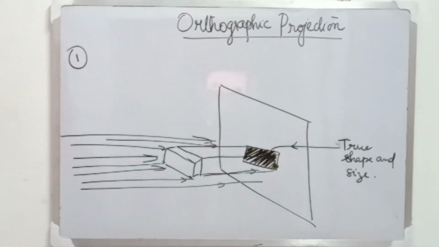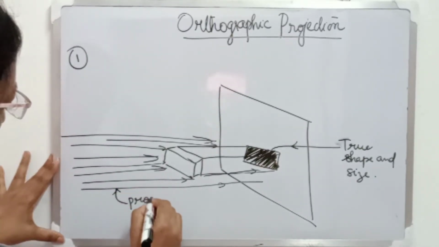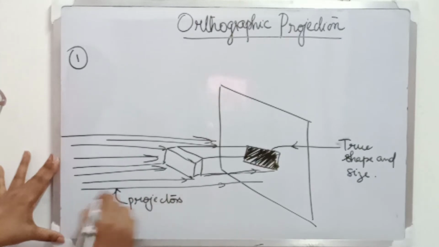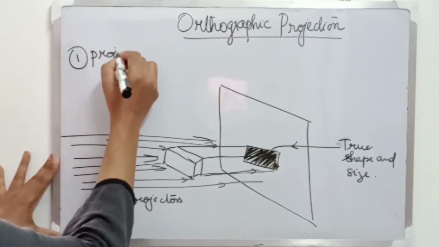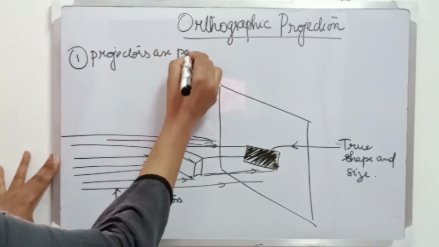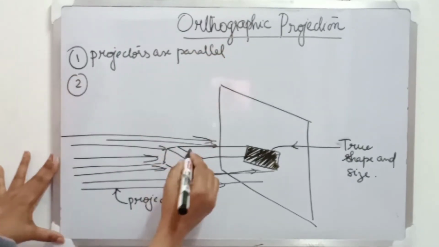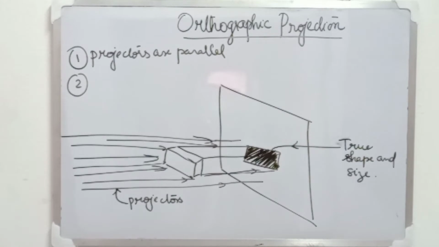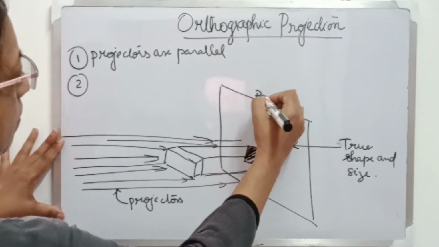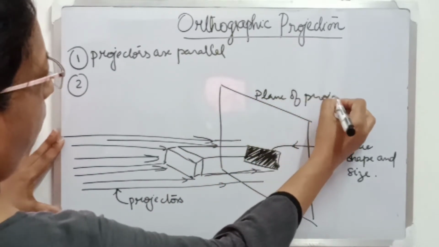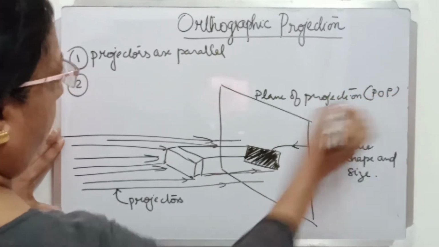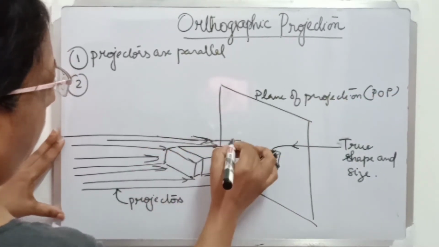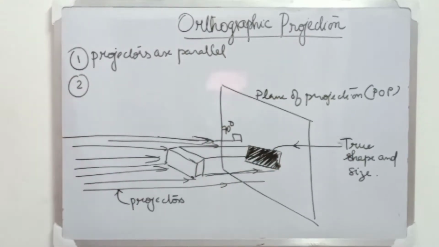That is because the light rays or the projectors are parallel. All the light rays or projectors are parallel here. In the previous case, they were not. And also, the light rays or projectors are making a 90-degree or right angle with the plane of projection.